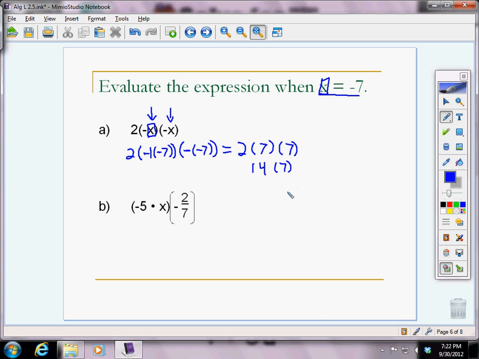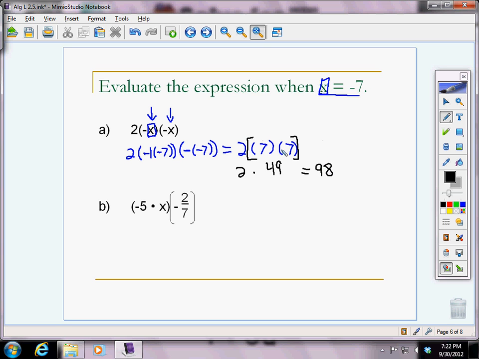Not that that's a problem, not that we can't do that, but we could use our associative property and change the grouping. Here's what I mean. If I multiply 7 times 7 first, we get 49. 2 times 49 is probably a little easier to do in your head, because we can think of it as 2 times 50, which is 100, and then 2 less is going to be 98.